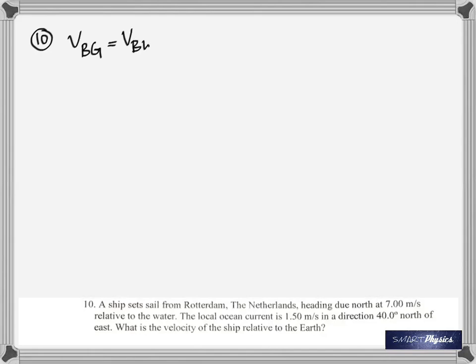So velocity of the boat with respect to the ground is velocity of the boat with respect to the water plus velocity of the water with respect to the ground. In short, there are just two vectors here. You can see the boat moving that way, heading due north, and the local ocean current is 1.5 meter per second in a direction 40 degrees north of east.